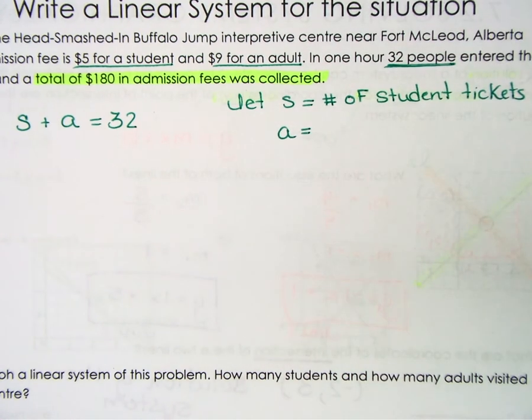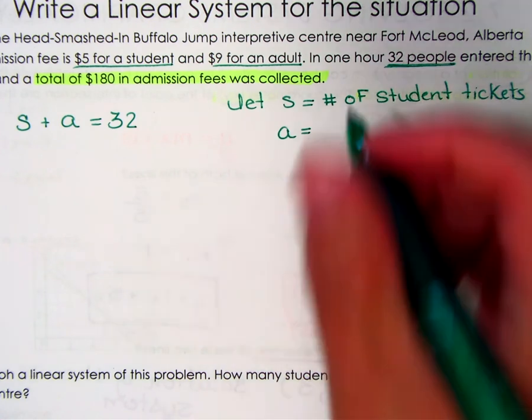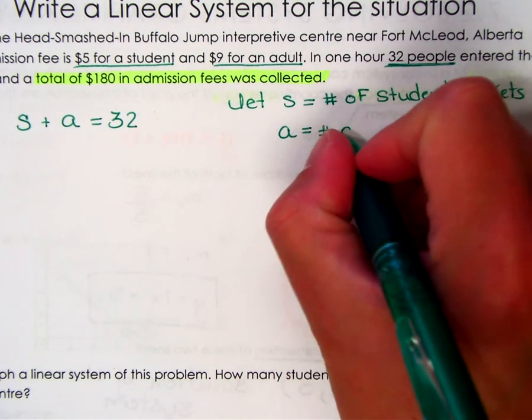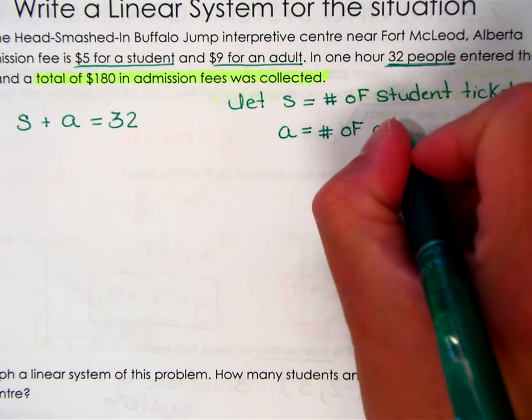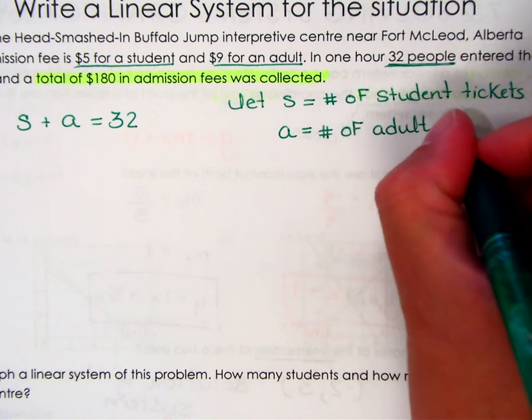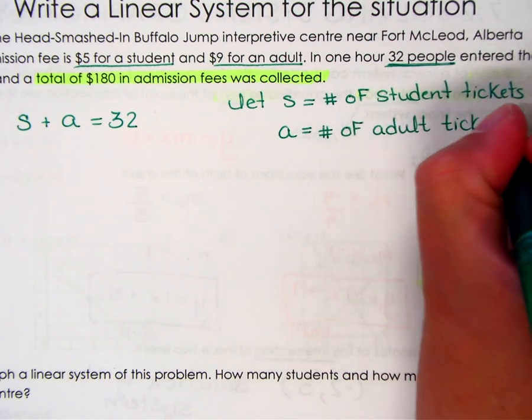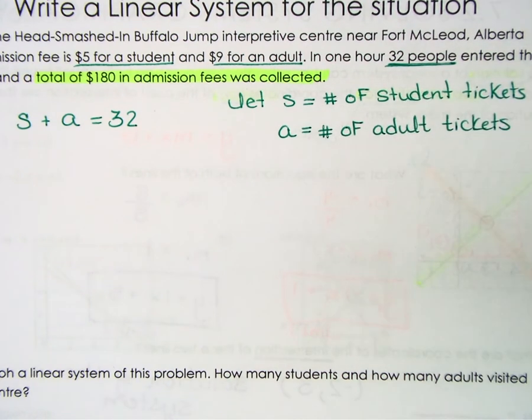If S is the number of student tickets, what other kind of tickets do we have? Adult tickets, right? So A is the number of adult tickets. And $180 equals 5S plus 9A, right? Yeah, so that's the second equation.